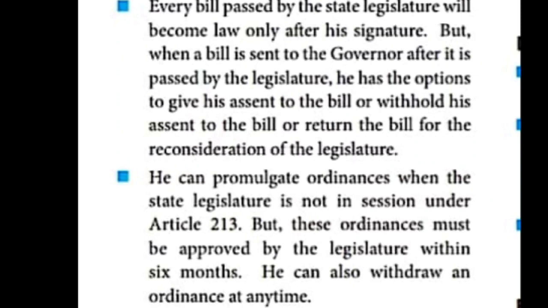It is passed in the legislative assembly. So in the state legislature they pass the bill, but the governor has to sign, and only then will it become a law. So that point is given here: every bill passed by the state legislature will become law only after his signature, only after his assent.